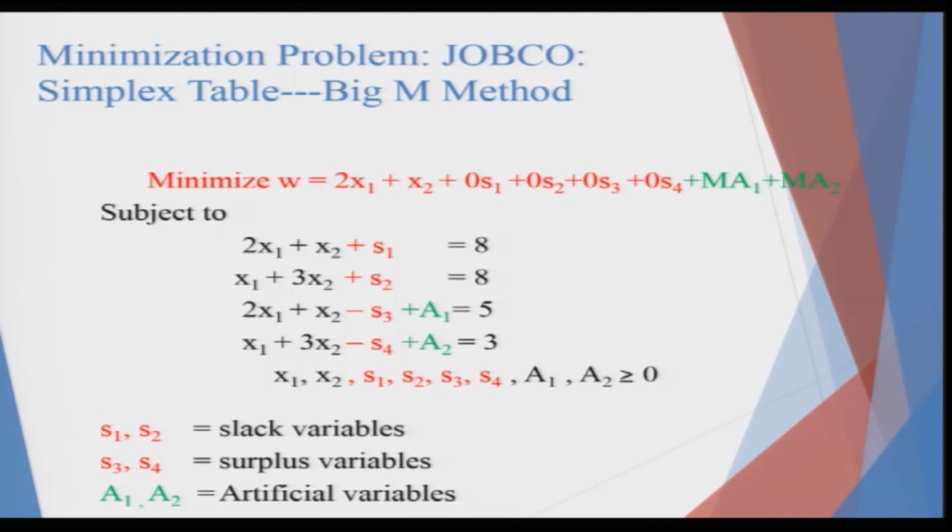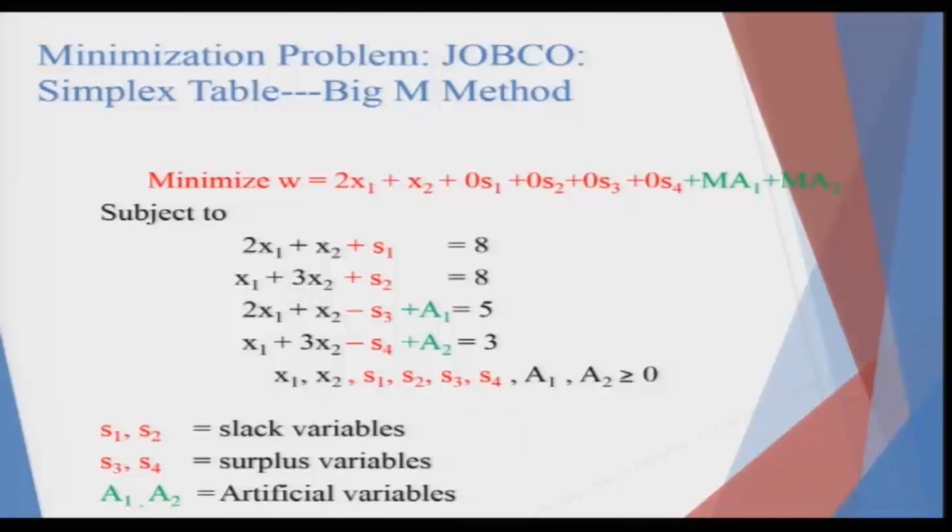Then the artificial variables will come, 0 into A1 plus 0 into A2 is equal to 8. Similarly, in the same logic, the second constraint would be x1 plus 3x2 plus 0 into S1, because S1 is not there, plus 1 into S2 plus 0 into S3 plus 0 into S4 plus 0 into A1 plus 0 into A2 is equal to 8.